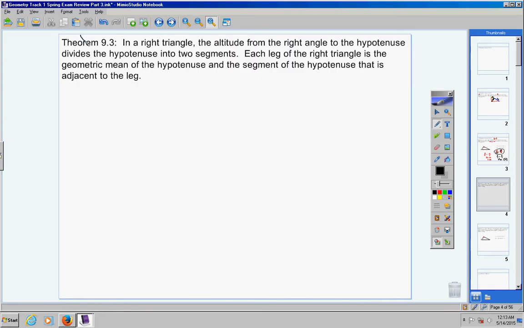I would write this down if I were you guys. You need to know this. And I'll give you a minute to do that right now. In a right triangle, the altitude from the right angle to the hypotenuse divides the hypotenuse into two segments. Each leg of the right triangle is the geometric mean of the hypotenuse and the segment of the hypotenuse that's adjacent to the leg.